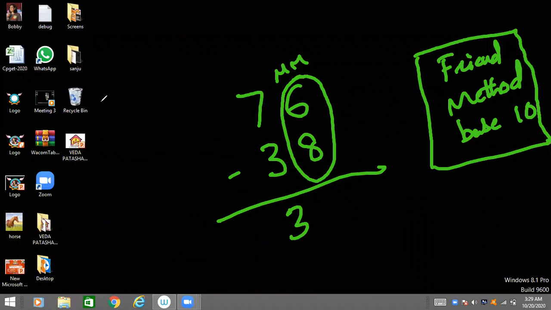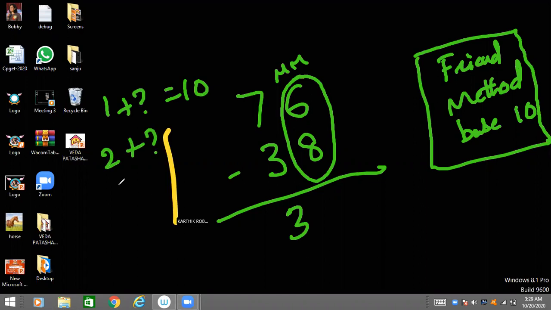For example, if you consider 1, how much do we need to add to it to become 10? Tell me. Don't write anything on my board. Tell me how much I need to add to 1 to make it 10.